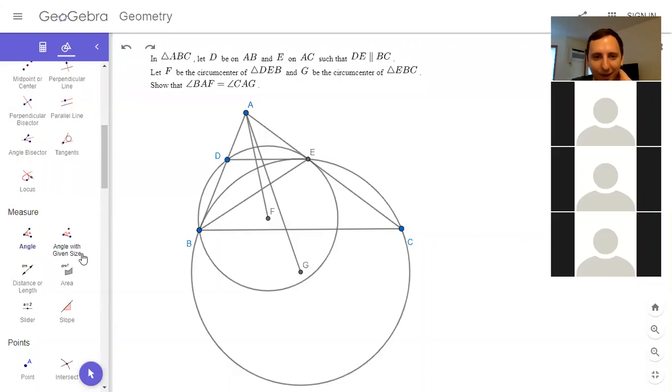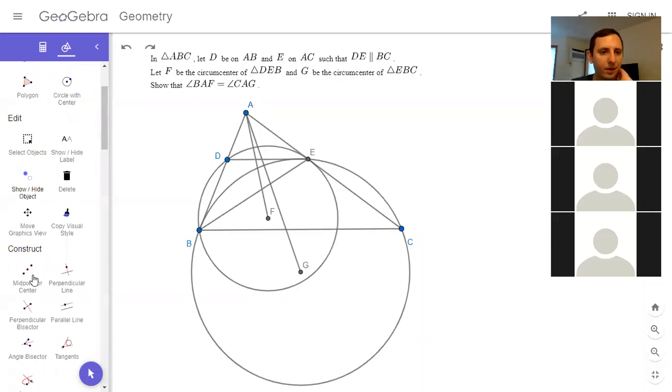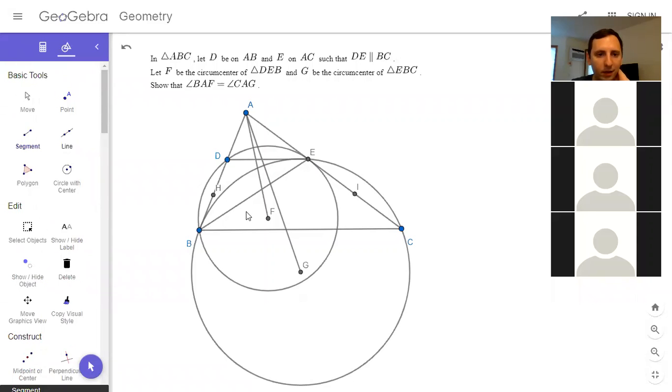All right, so let's see. How do we do this? I'm wondering if, let me try taking the midpoints of these, and then FH should be perpendicular to BD and GI is perpendicular to EC. Maybe we could show these triangles are similar.